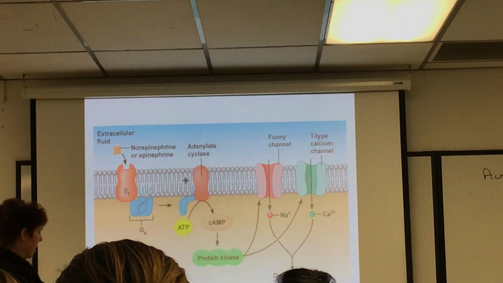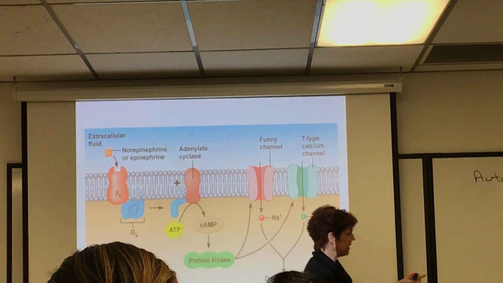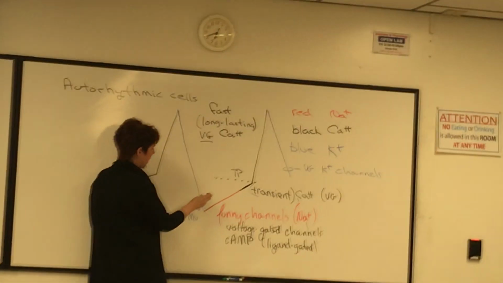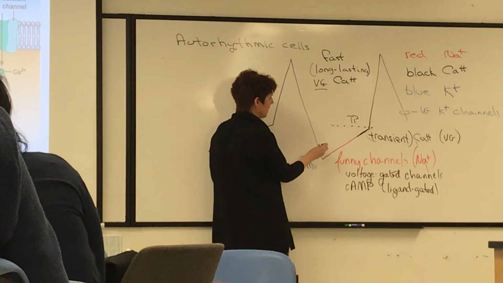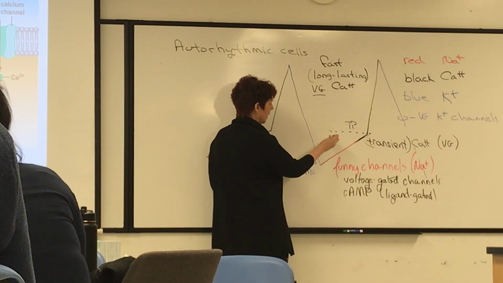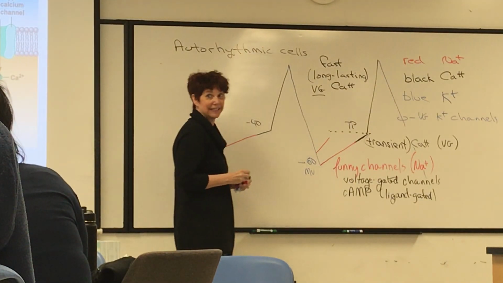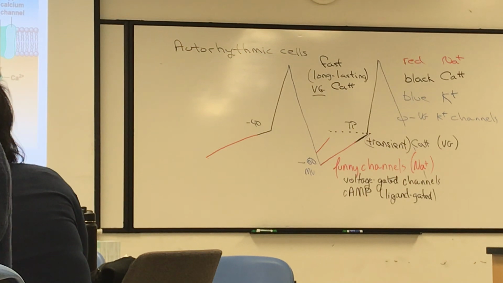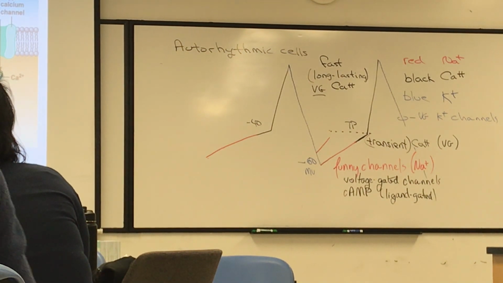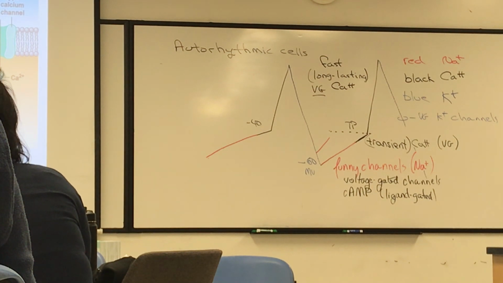So if we look at this, this is at -60, and because of norepinephrine and cyclic AMP, it opens up here. It's going to take less time to get to threshold, okay? Therefore, we can have more action potentials within the same period of time.